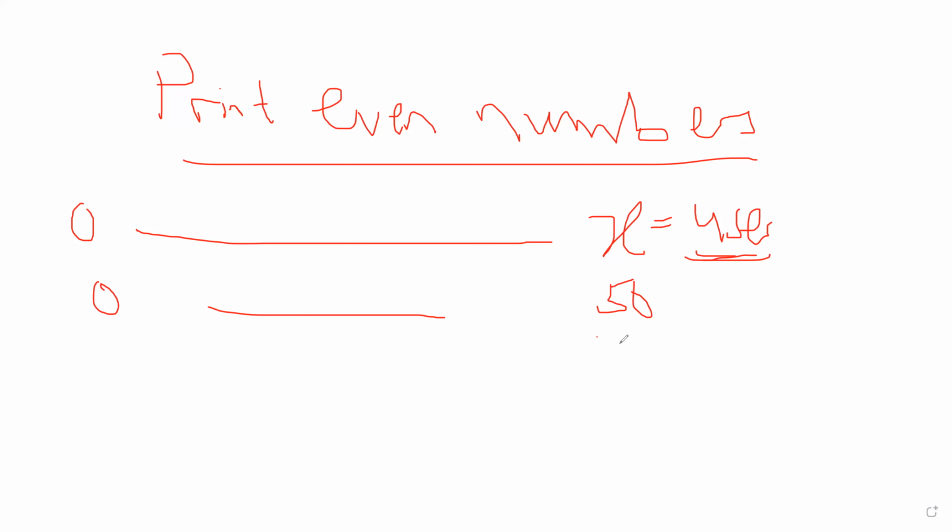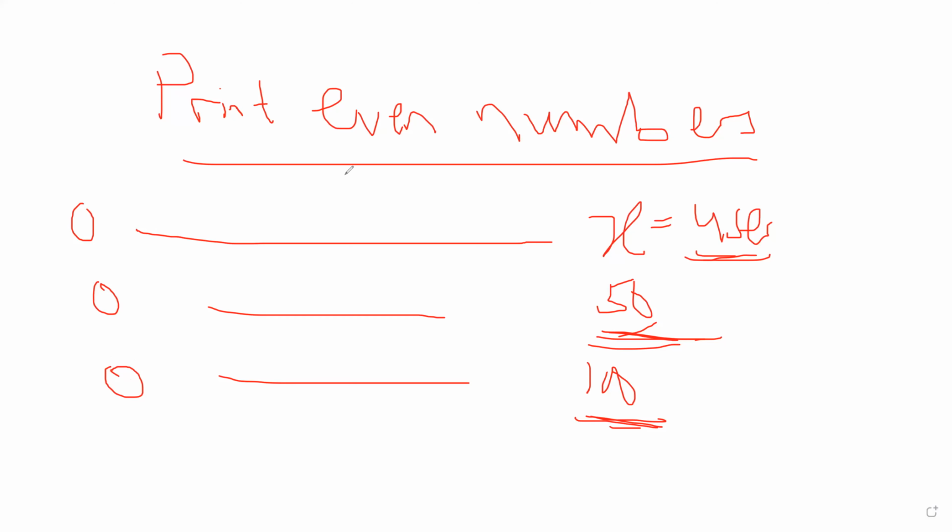So the user will input 50 and we print it out, or another user may want to print even numbers between 0 and 100, for example. But the point is this: we are going to accept an input from the user. Then based on that input, we are going to print the even numbers between 0 and that particular number.